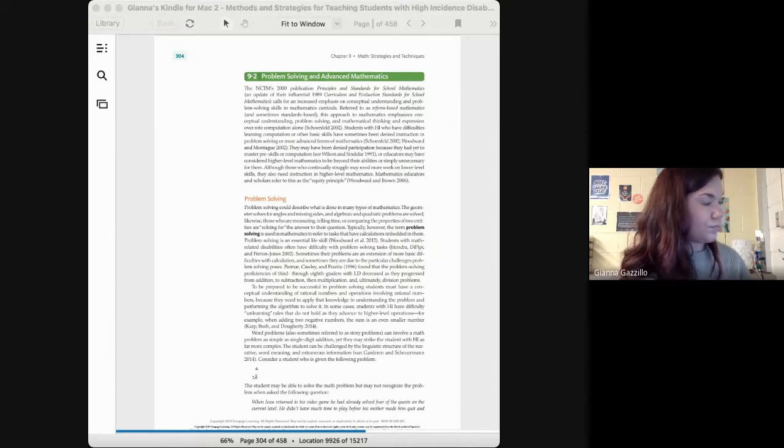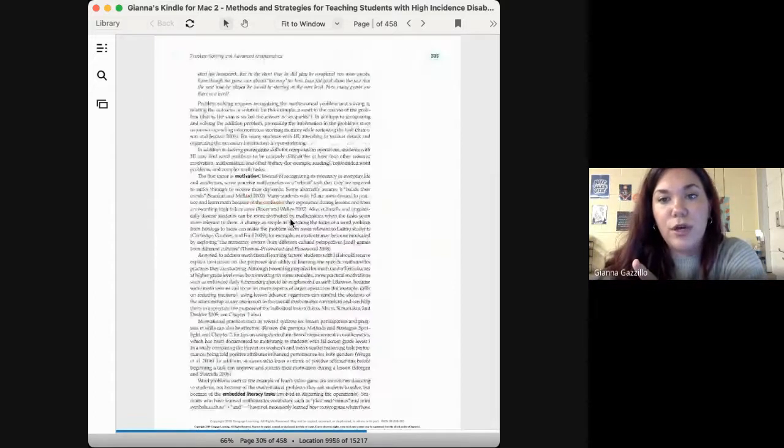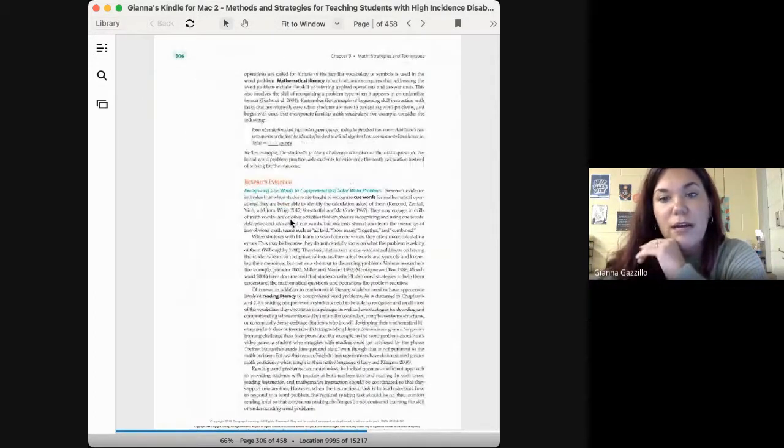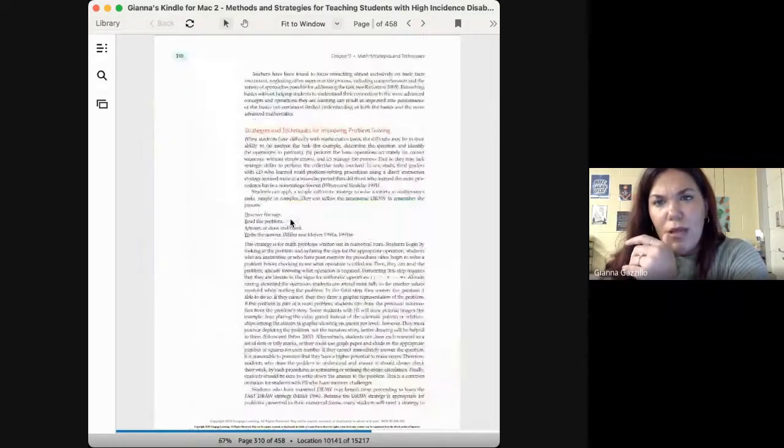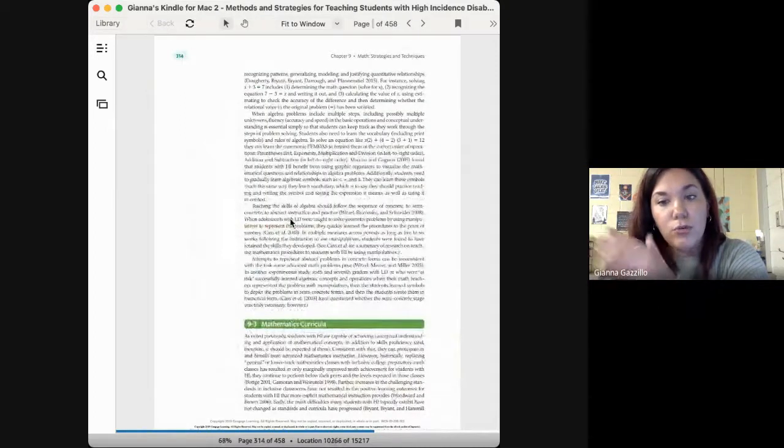So while I'm trying to pull that up, we're almost done. This was the second objective, which was problem solving in advanced mathematics. So we kind of already went through this. And the last portion of the chapter just talks about the curriculum. So we kind of are already touching on that.